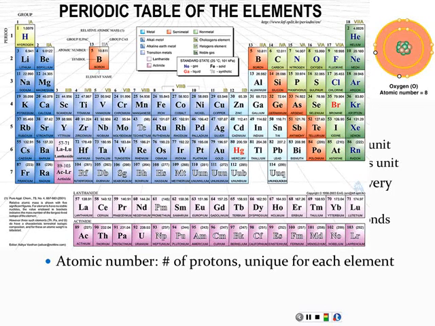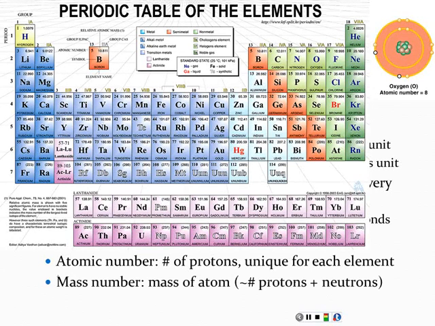Each one is unique for each atom here. The mass number is the count of which 2 items that have atomic weight, or atomic mass units? Protons and neutrons. So all you have to do is add up the amount of protons and neutrons, and that will give you the mass number.